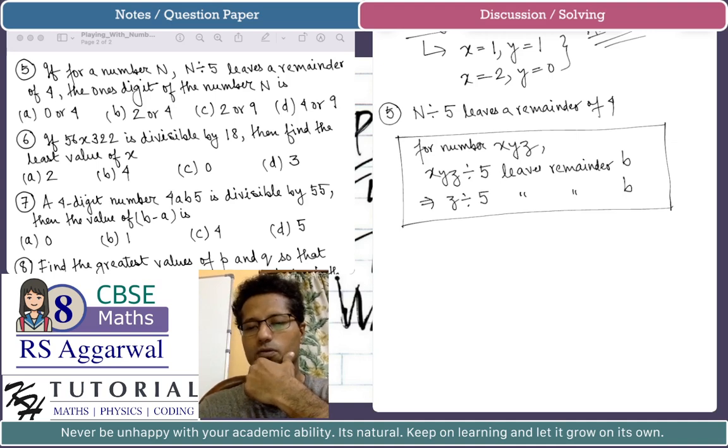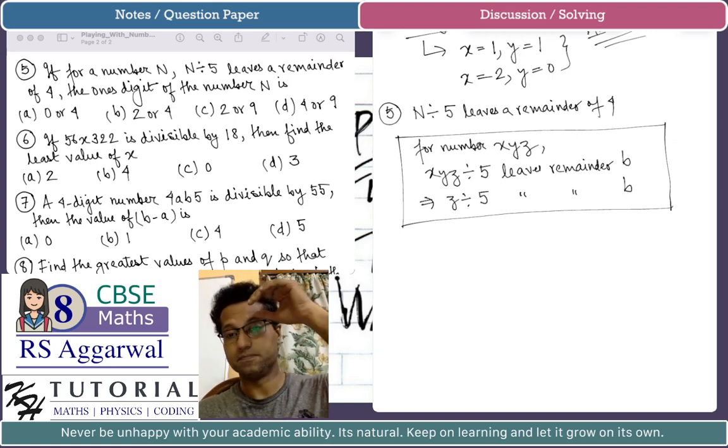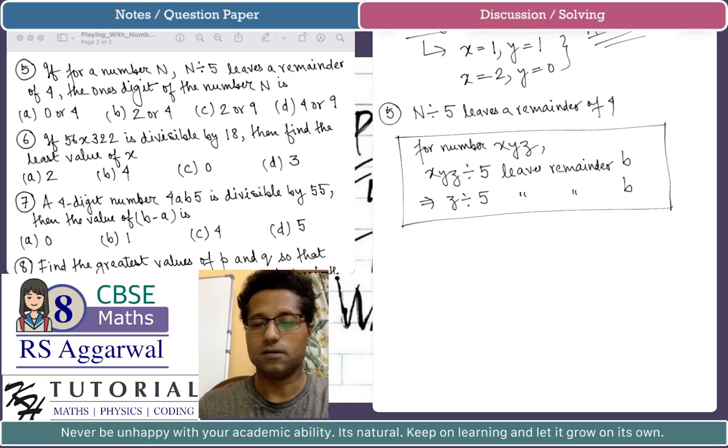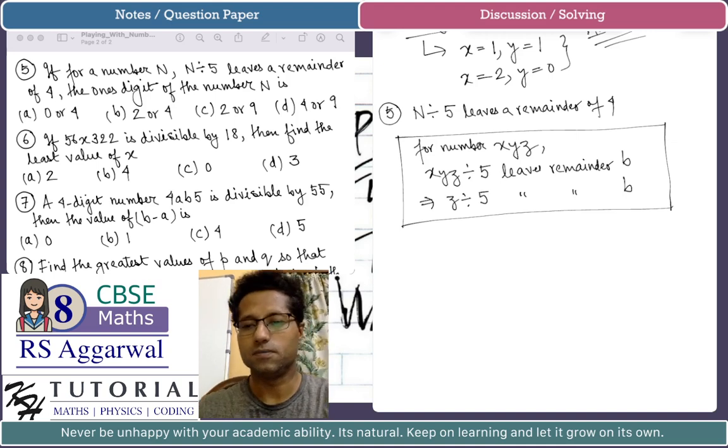It could be 0, 1, 2, 3, or 4. So if it leaves the remainder b, it actually means that the units digit of the number, that is z, when divided by 5 will also leave the same remainder b.